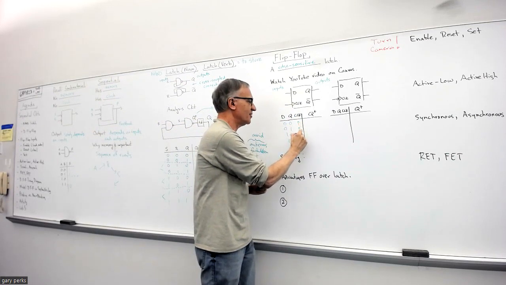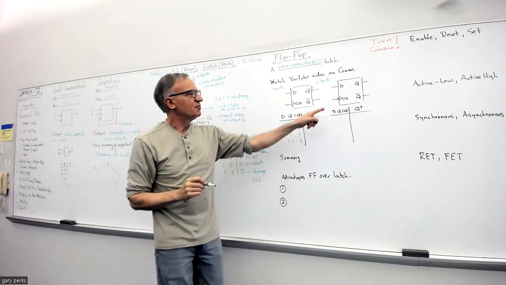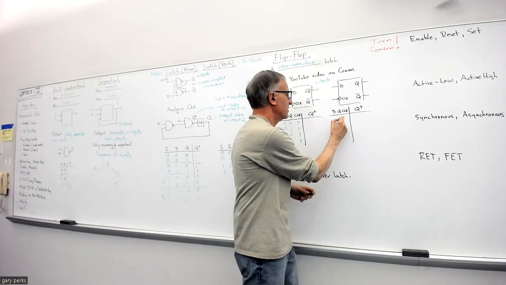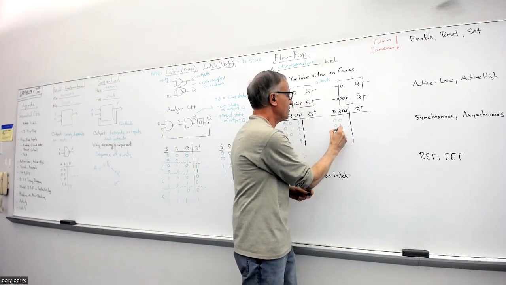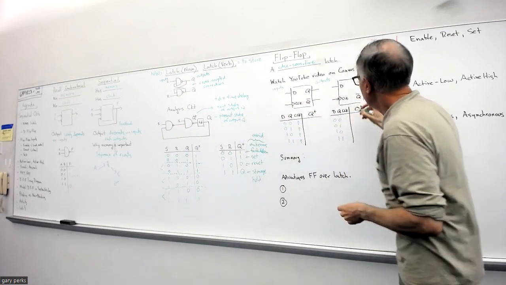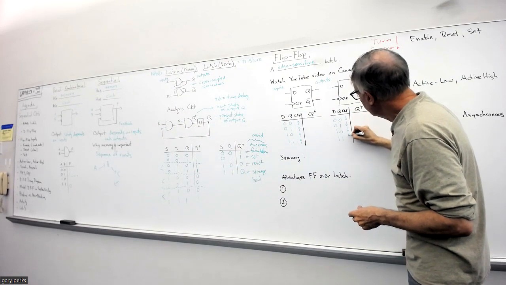I'm going to talk about what the arrow going up means in just a second. For this other type of D flip-flop, we'd have 4 combinations for D and present state of Q, and then here the clock would have an arrow going down.